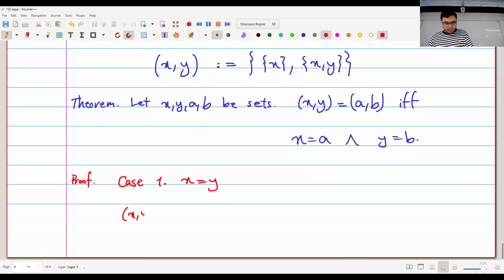The pair XY is just going to be, well, X, and then this one is going to have X and X, so it's just going to have X, right? So actually, let me write it out. By definition, this is what the pair XY is when X and Y are the same.